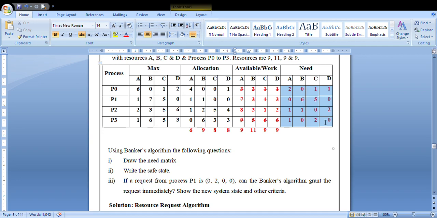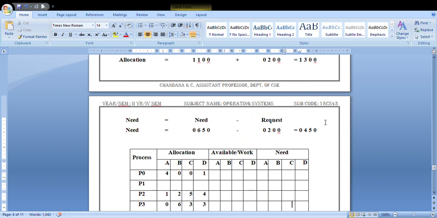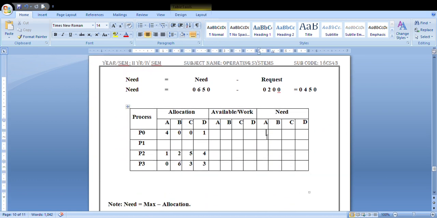Just copy the need value of each and every process. But here you are going to change the values of only your P1 process, or else, for your convenience, you can take it as it is. What is the previous allocation value of your P1 process?